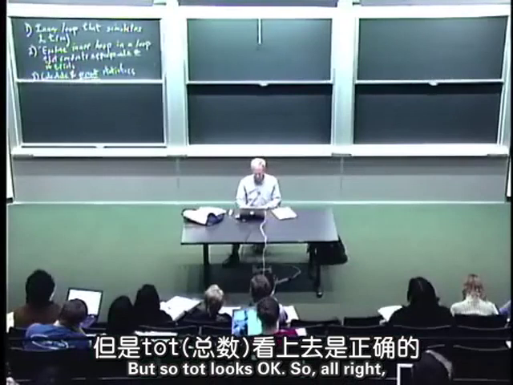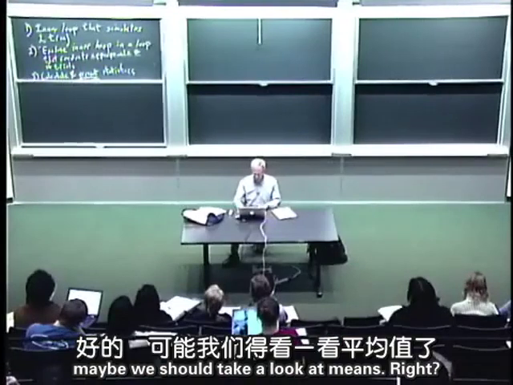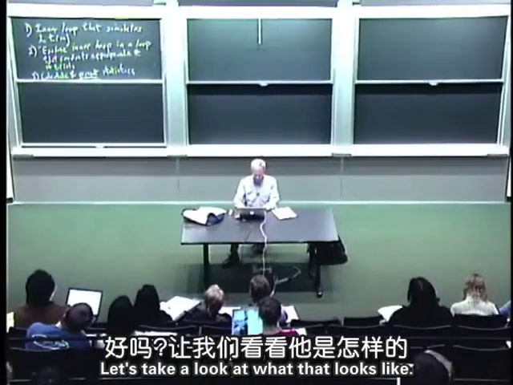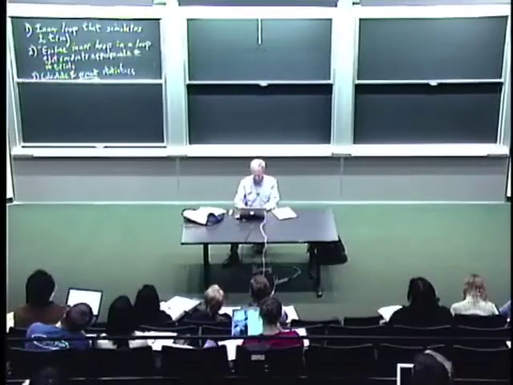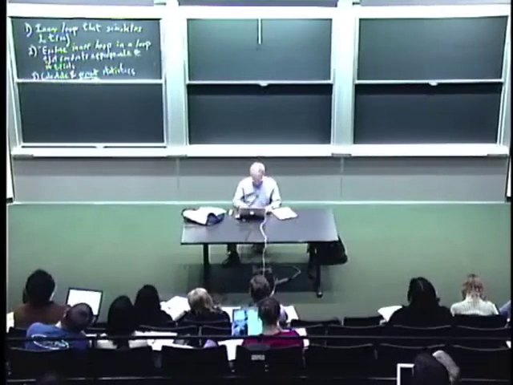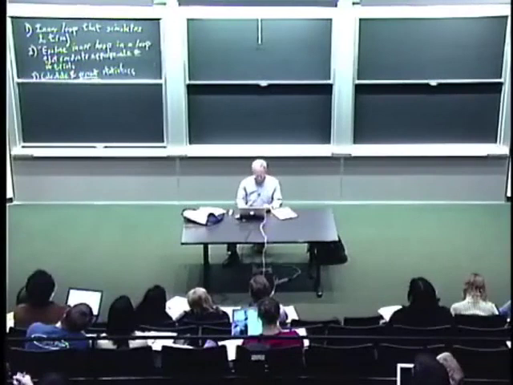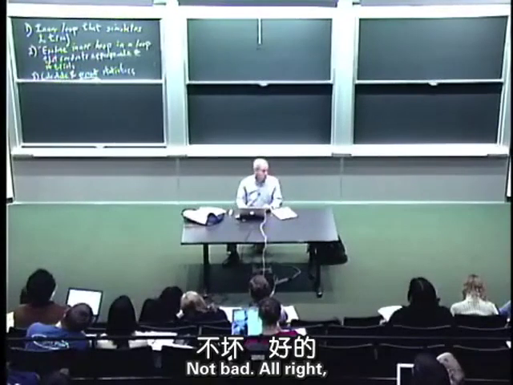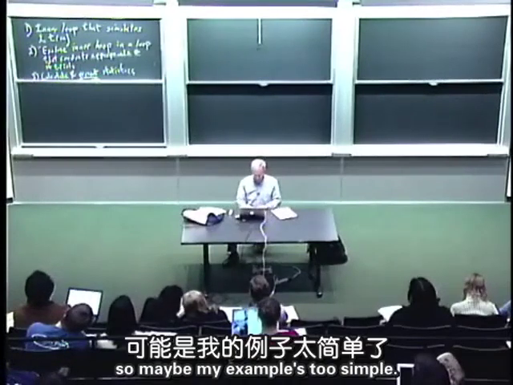So, all right. Maybe we should take a look at means. Right? Let's take a look at what that looks like. Not bad. All right, so maybe my example's too simple.